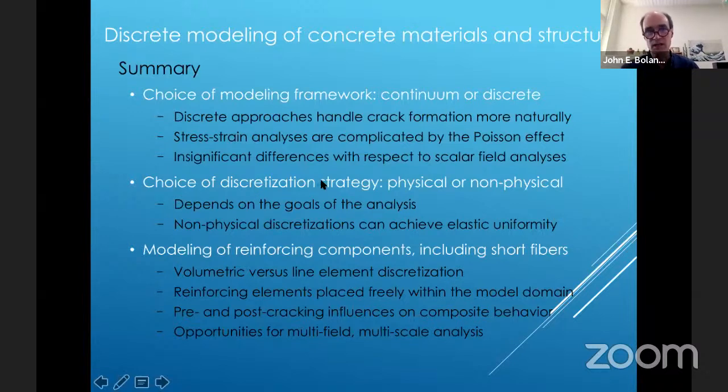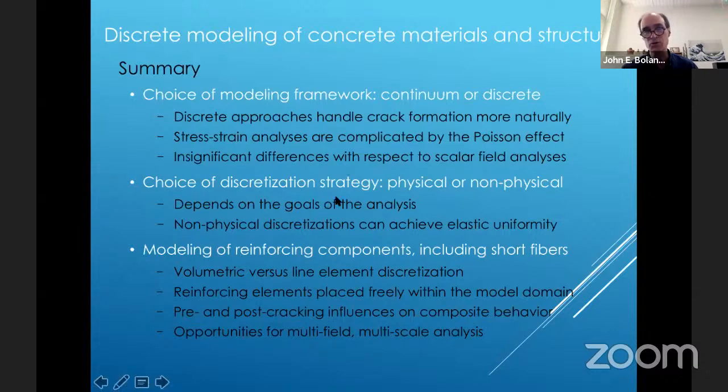When you discretize the structure, you have a choice of making the discretization physical or non-physical. If it's a non-physical discretization, the mesh geometry, the mesh size should not bias the solution. And this is where I've tried to work. Most of my work is with these non-physical discretizations.